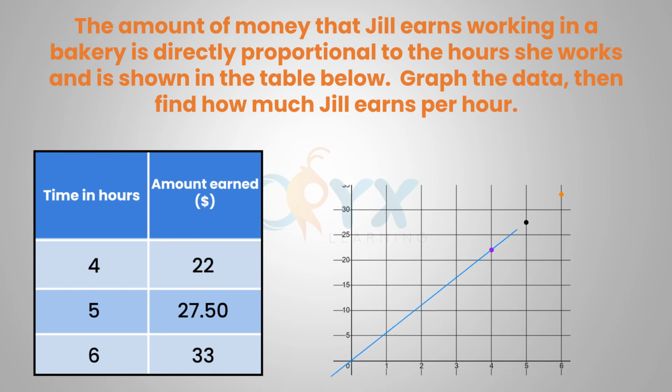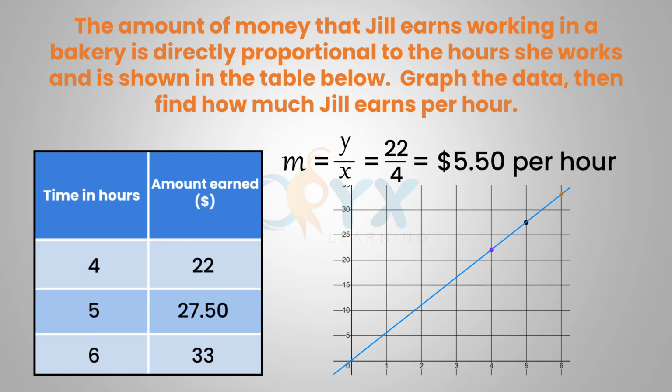Graphing these points, it looks like a linear function that goes to the origin, therefore a direct variation equation. In order to find out how much Jill earns, we can find the constant of variation, which is m equals y over x. If we take y over x for the first point, that's 22 over 4, which is 5.50 per hour.